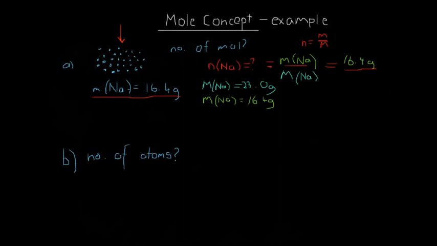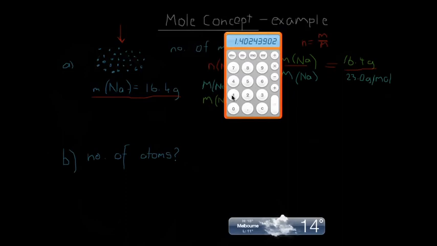We define the molar mass as the number of grams in every mole of a substance, so the obvious unit is grams per mole. Putting this into our calculator, 16.4 divided by 23 is equal to 0.71.